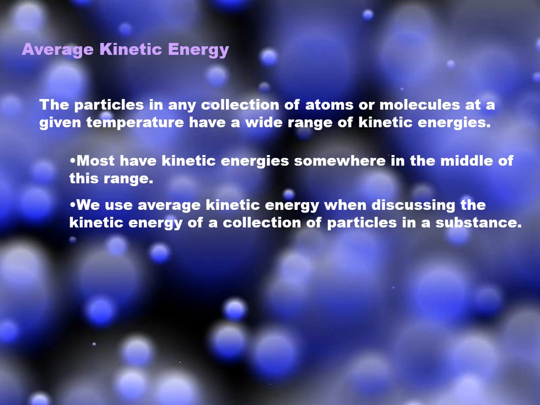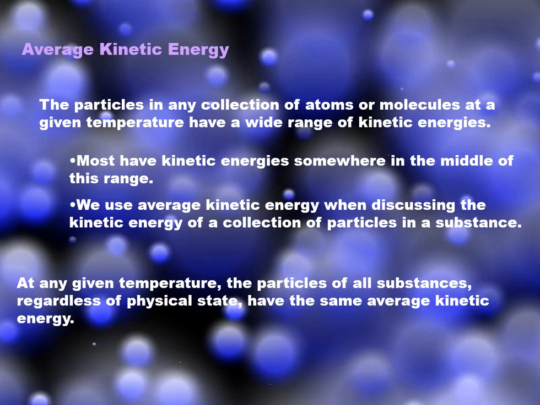So if we're looking at the entire number of particles as a whole, we look at the average kinetic energies of that collection of particles. So at any given temperature, the particles of all substances, doesn't matter what the physical state, have the same average kinetic energy.